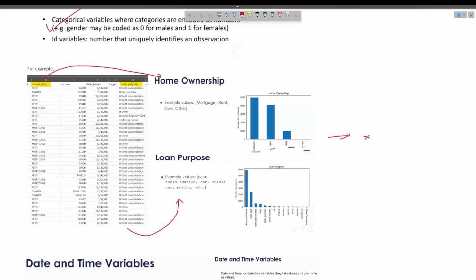The point is not how the graph looks. The point is that rent, owner, etc. actually define something. These are categorical, to be honest. Now again, talking about loan purpose, here you can see debt consolidation, then car purchase.